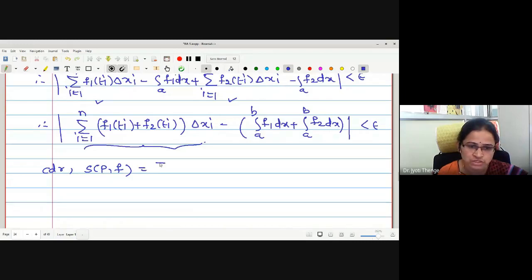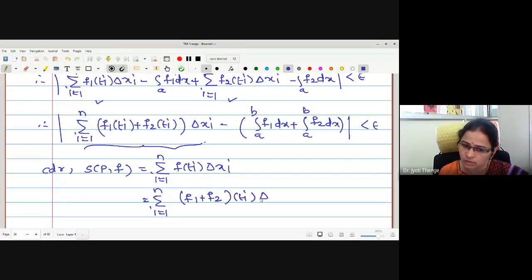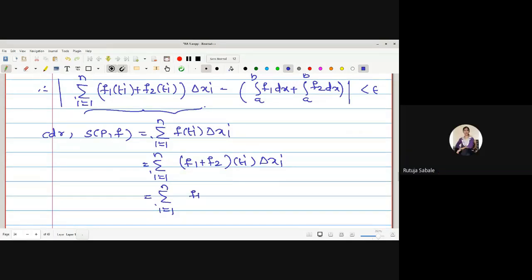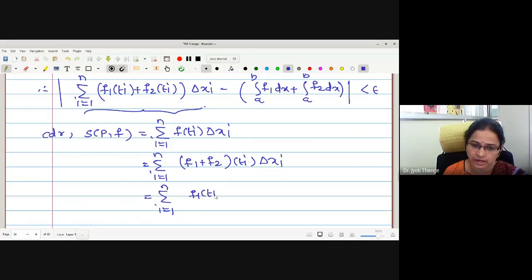This is summation i equals 1 to n f of ti into delta xi. Summation i equals 1 to n, f I am taking f1 plus f2 operated on ti into delta xi. How is this function being operated? f1 of ti plus f2 of ti, right, f1 ti plus f2 ti into delta xi.